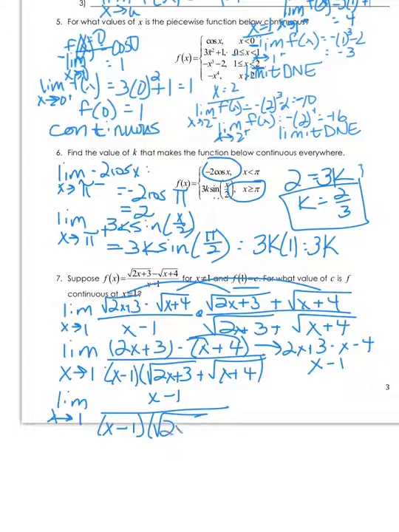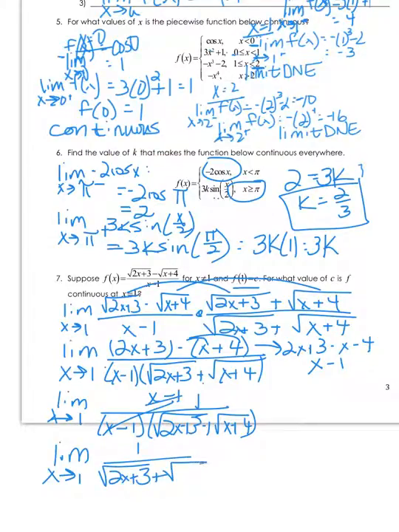So obviously my x minus 1s are going to cancel, and I'm going to be left with 1 over the conjugate. So I now have the limit as x approaches 1 of 1 over the square root of 2x plus 3 plus the square root of x plus 4. Plug in 1, and you get 1 over the square root of 5 plus the square root of 5, which is 1 over 2 square roots of 5.